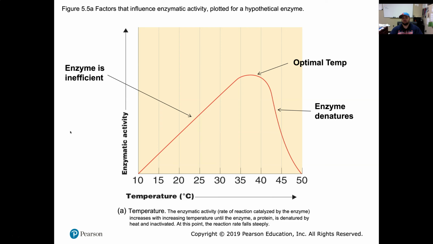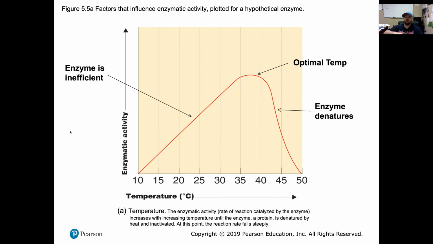You add enzymes to that system, and then all of a sudden, the enzymes can speed that reaction rate up by lowering the activation energy. So instead of 100 units of energy, now maybe it needs half that, 50. So by lowering the activation energy, in response to that, the reaction speeds up, right? The reaction can happen faster.